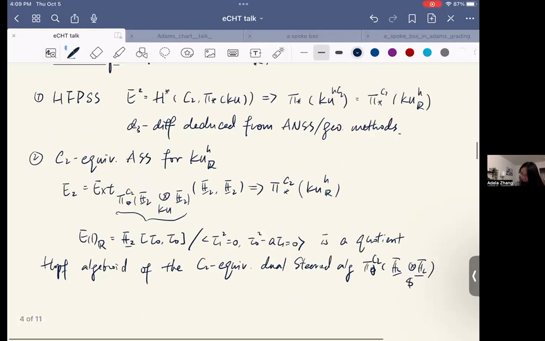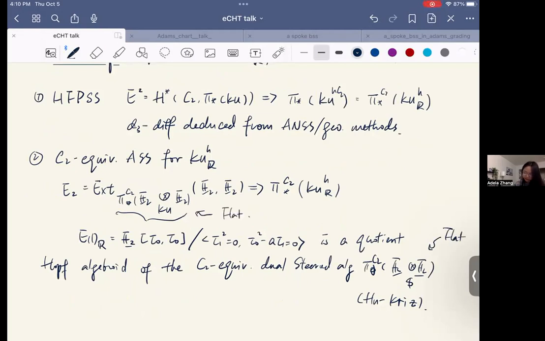And this was computed by Hu and Kriz. This thing here is flat over the coefficients, and as a quotient, this is also flat. That's why we're allowed to write the E2 page as an Ext group over the Hopf algebroid.